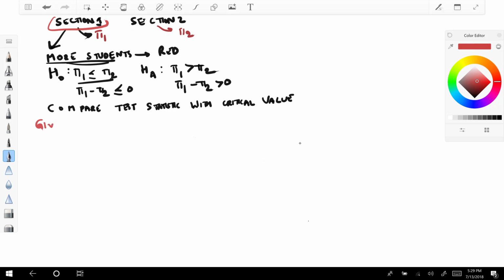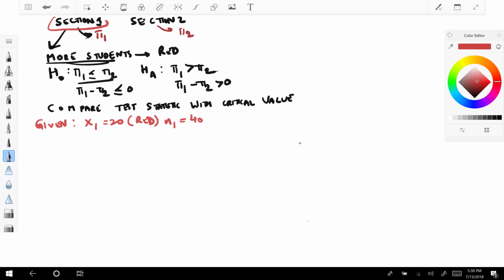So in your problems, when you solve the problems, this will be given. So x1 is 20, so this is 20 students like color red, and n1 is 40.